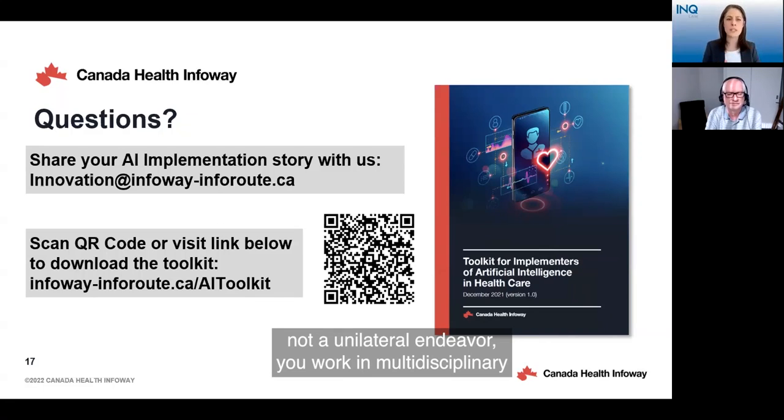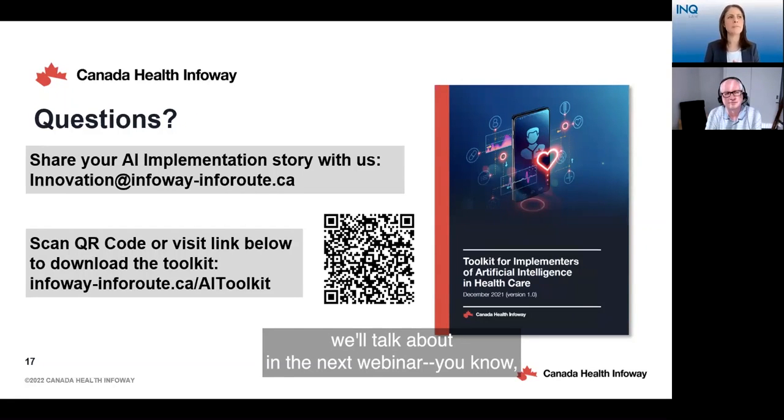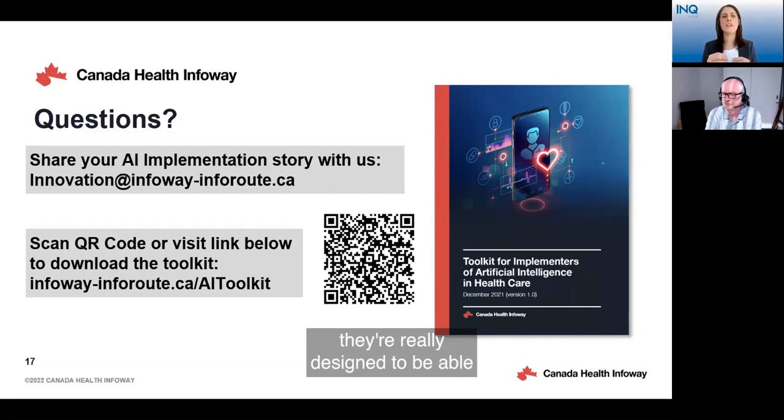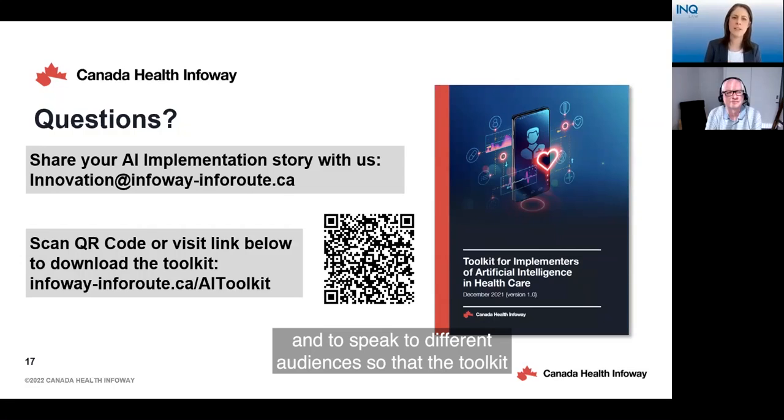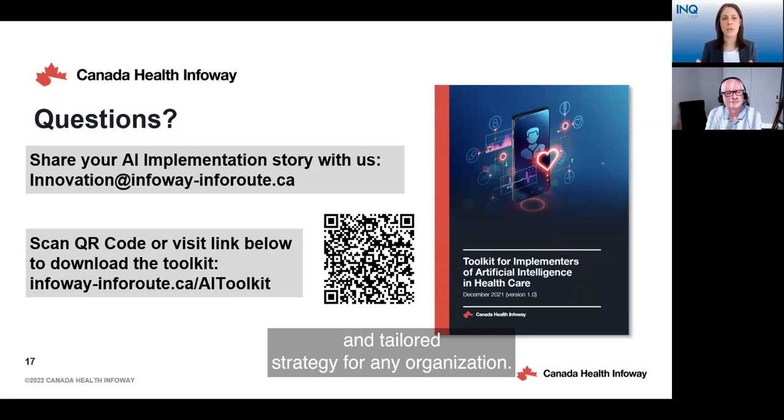You work in multidisciplinary teams to look at the particular context from different angles. And as you do that, even when you're using some of the checklists that are available that we'll talk about in the next webinar, they're really designed to facilitate that multidisciplinary discussion and to speak to different audiences so that the toolkit can be valuable and can facilitate, I hope, a more targeted and tailored strategy for any organization.